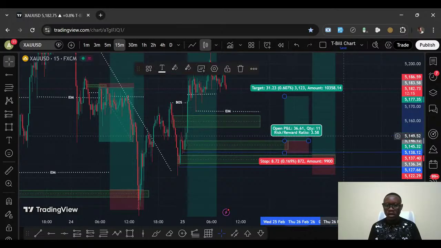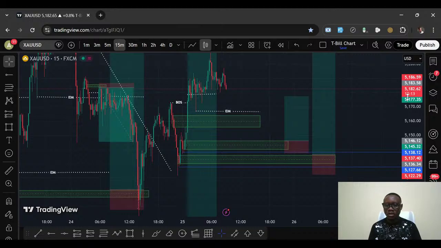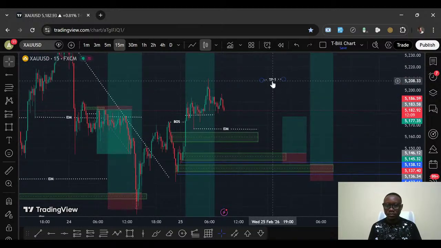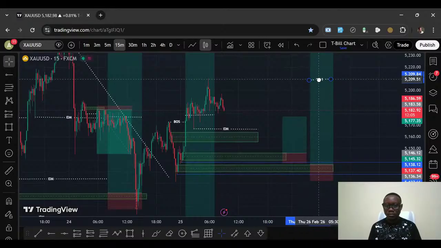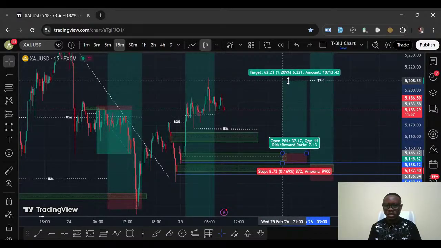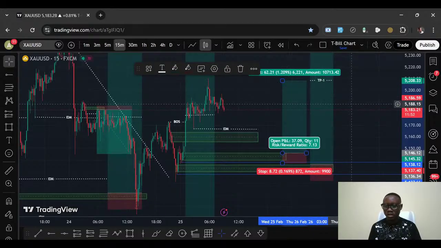Now our TP again. This is TP1. So for this setup, our first TP will be this. So you are good to take partials there.